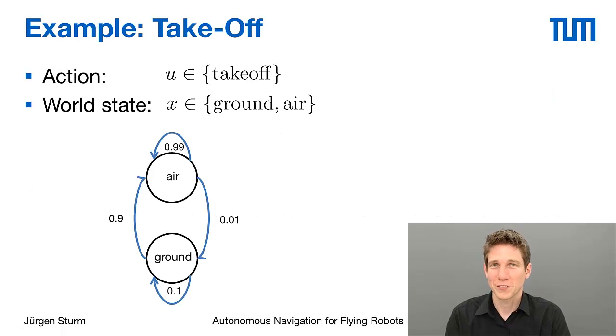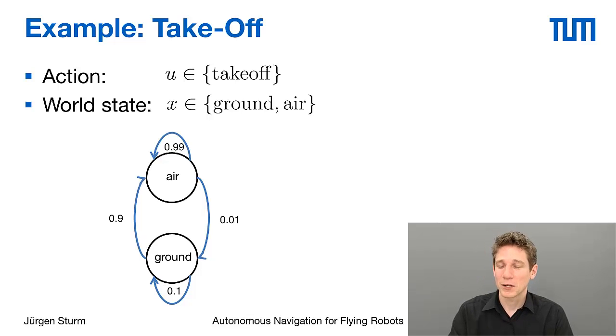To illustrate this with a simple toy example, imagine that we have a quadrotor and it can only execute a single action, namely to take off. And for some reason we are only interested in a very small part of the world state, namely whether the quadrotor is on the ground or in the air.